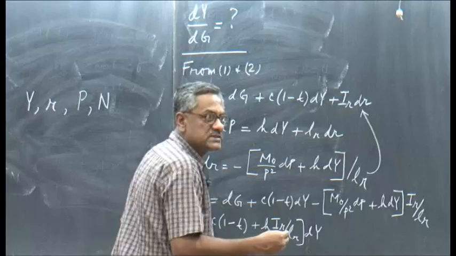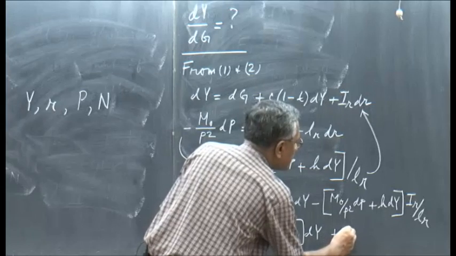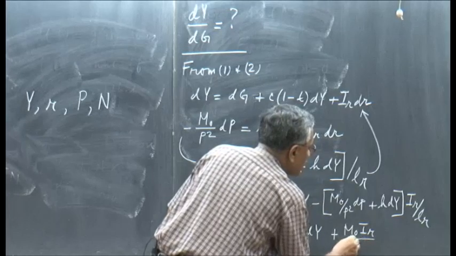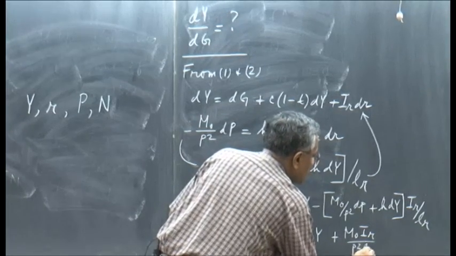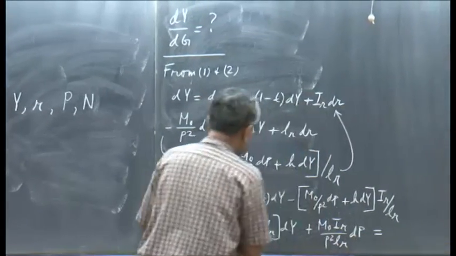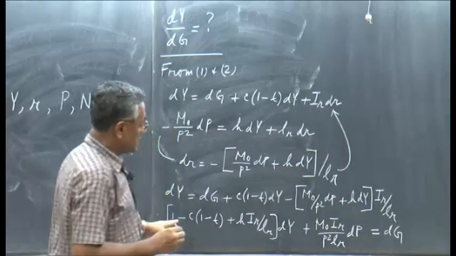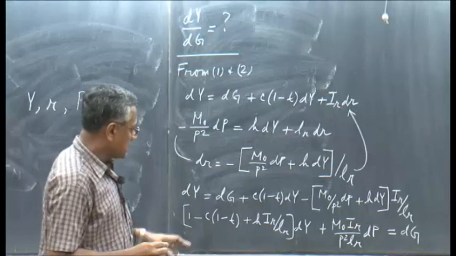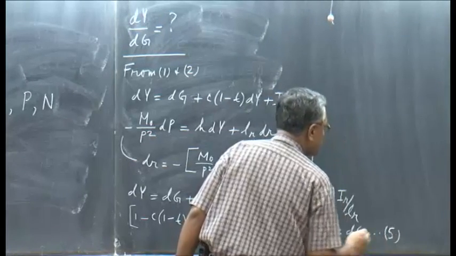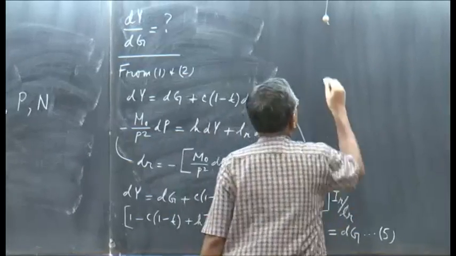It's an endogenous variable, price. I'm bringing all the endogenous variables to the left. So it will be plus M naught I_R divided by P square L_R dP is equal to, the only thing that remains is dG. Call this equation number 5.